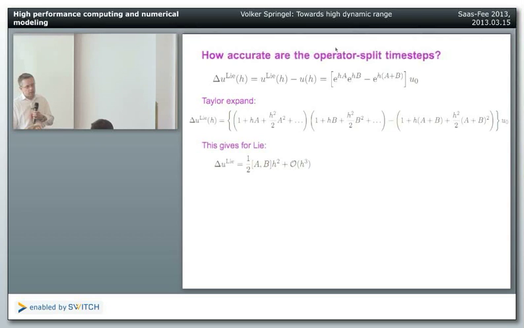Okay? So to linear order, this is okay. Right? I can do this operator split. And this is actually the commutator between these two operators that you know from quantum physics. So the leading error term is proportional to h squared.